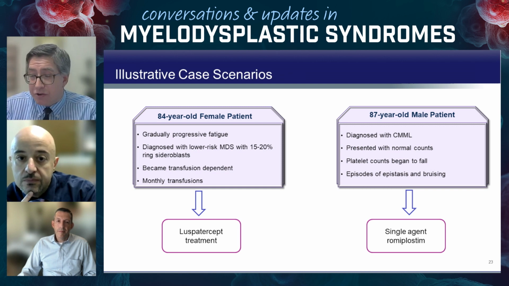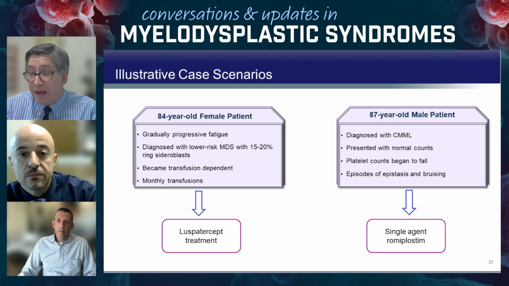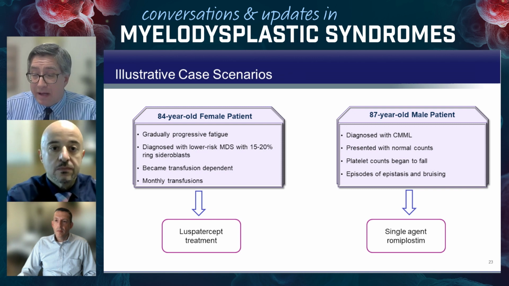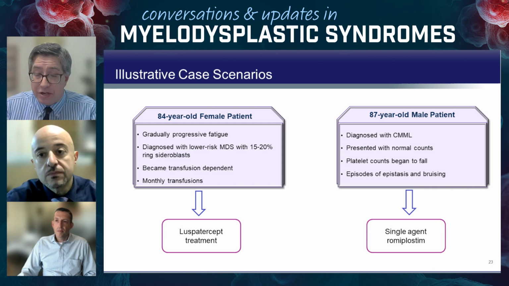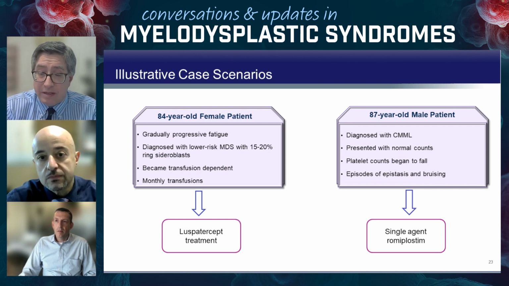Marrow shows no increase in blasts, normal karyotype, SF3B1 and TET2 mutation only. And she really had isolated anemia. And this is a perfect patient to really think about luspatercept. Not only was the SF3B1 present, but on iron stain, which is very important on the aspirate, she had about 15 to 20% ring sideroblasts.